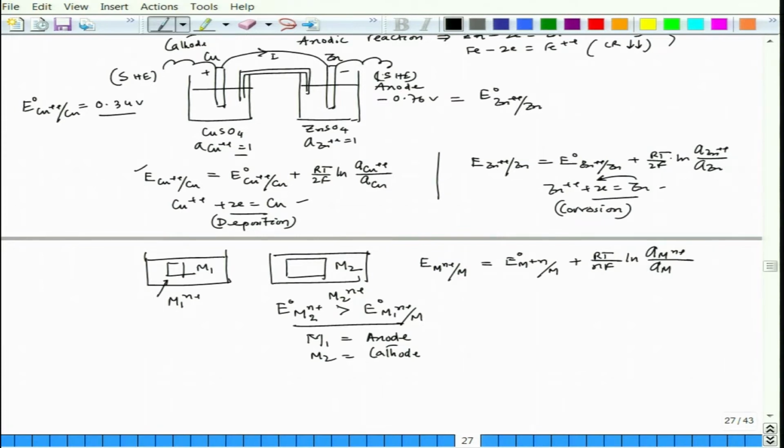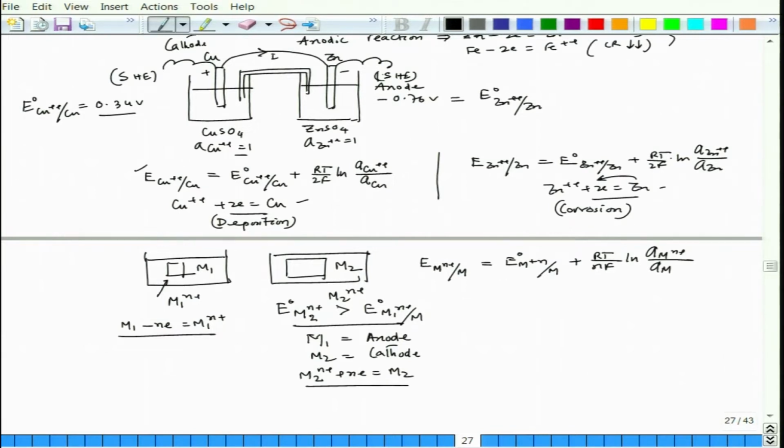Okay, and the reactions would be in this case the oxidation of M1 and in this case the reduction of M2. So these will be the two reactions. That way we can judge.